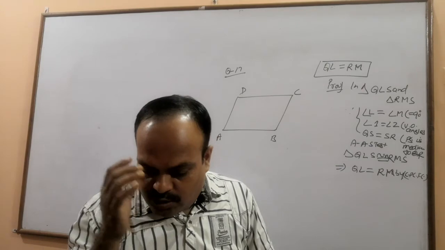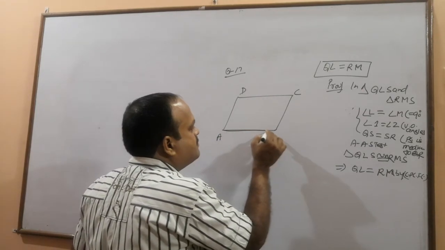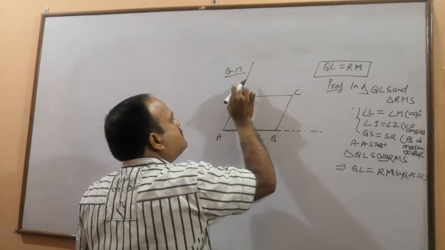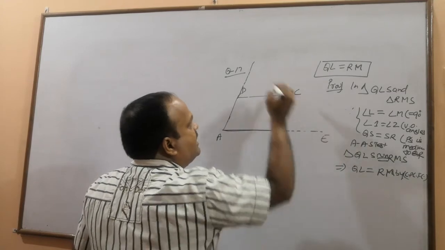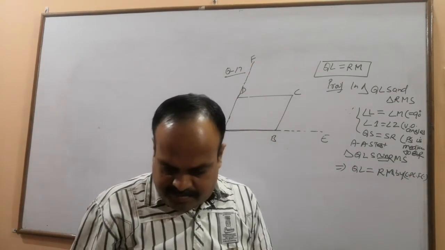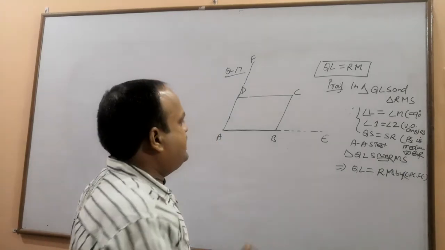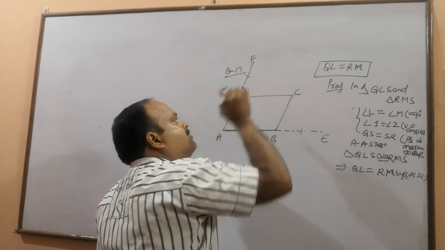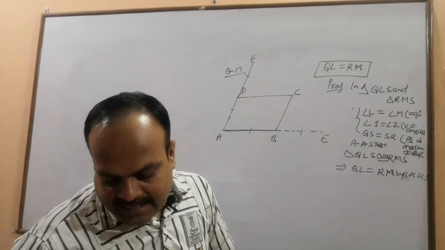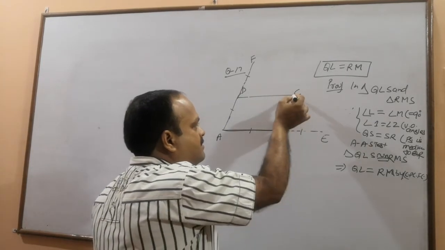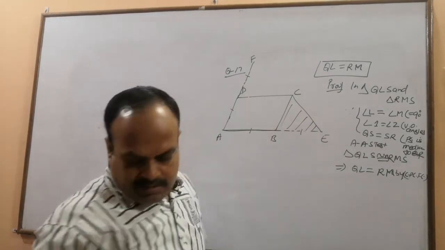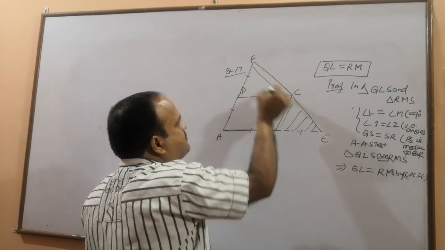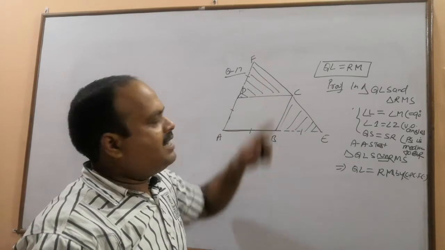The side AB and AD are produced to E and F, so that AB equals to BE, AD equals to DF, prove that triangle BEC and DCF, these two triangles we want to show congruent.